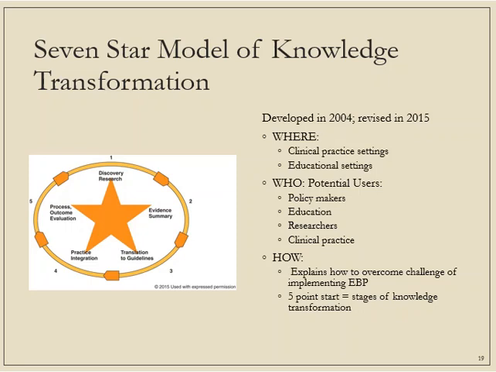It addresses how to overcome the challenges of knowledge transformation into practice. I really like this model, but I almost think it's too simple for people who are just learning how to do evidence-based practice. It is the steps of evidence-based practice.